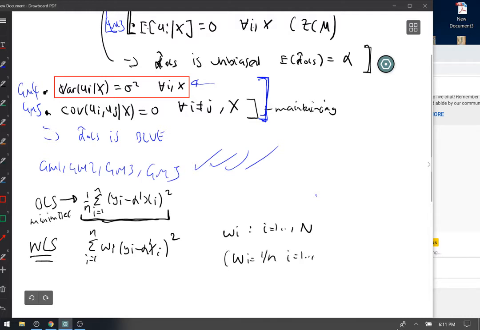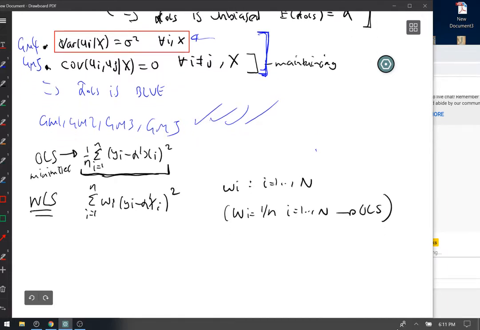There's an infinite number of possible weights you can give, and we normally normalise the weights to sum to 1, because normalising will not change the minimizer of this function. If you multiply it by 2 or 200 or 500, it will not change its minimizer.